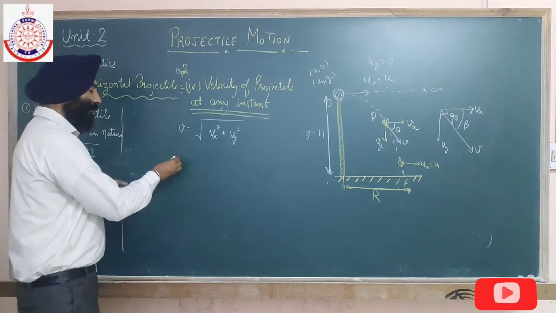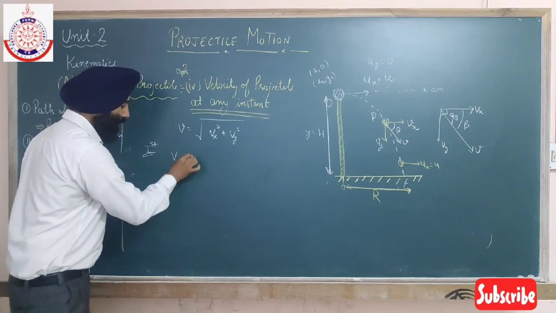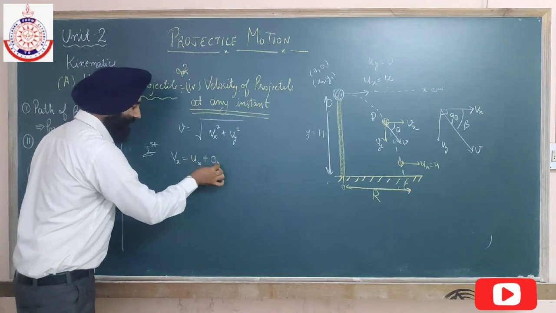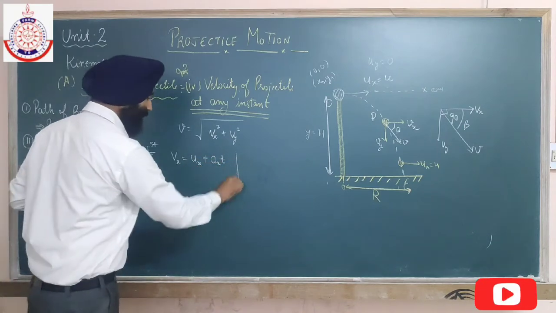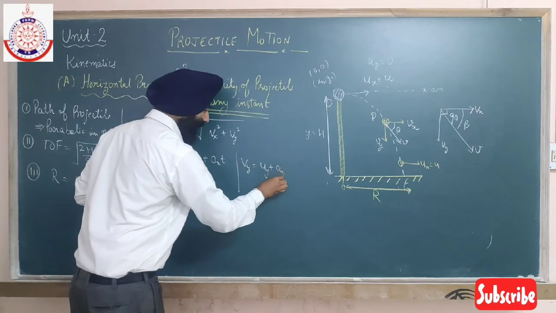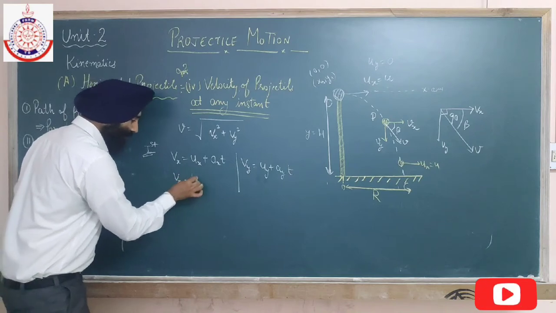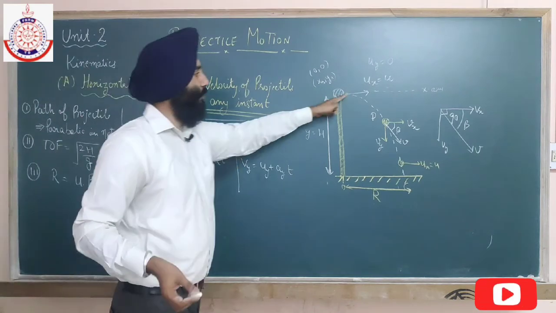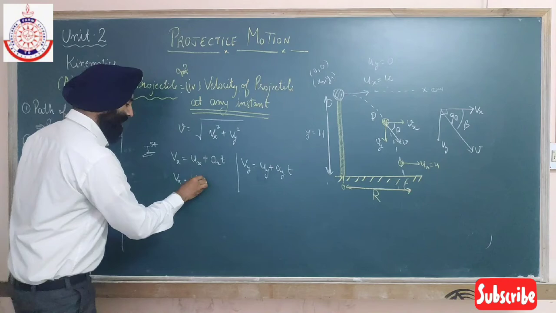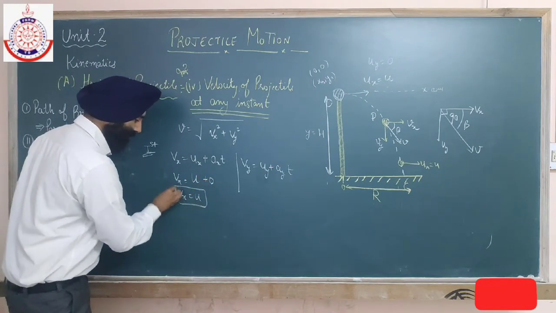By the first equation of motion, vx is equal to ux plus ax t. For y, vy is equal to uy plus ay t. And you know that initially I give velocity u to the projectile along x, and acceleration along x is 0. It means the value of vx is only u.